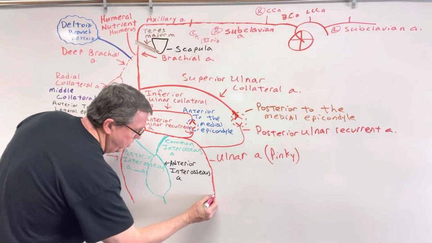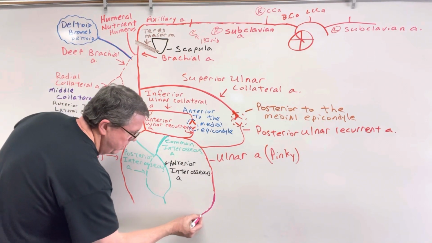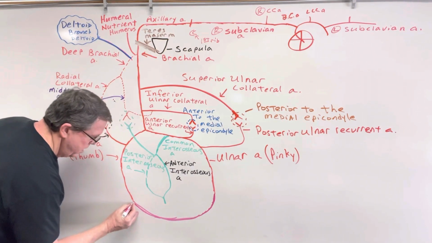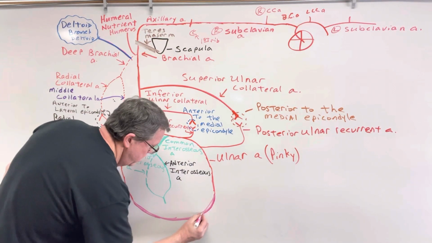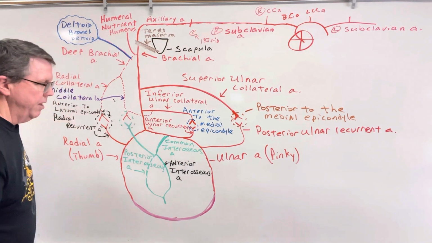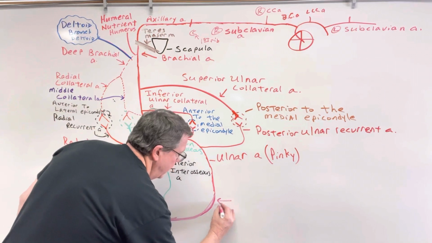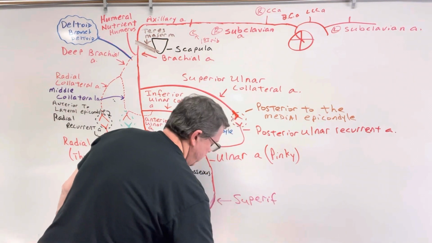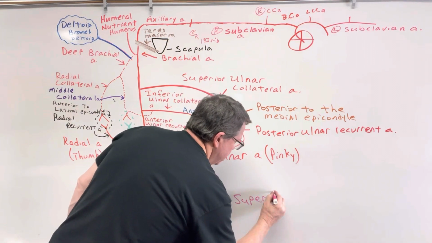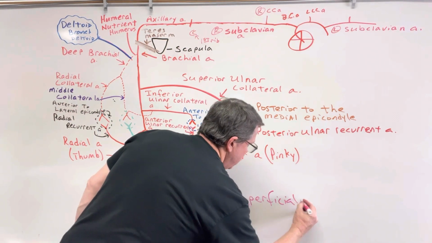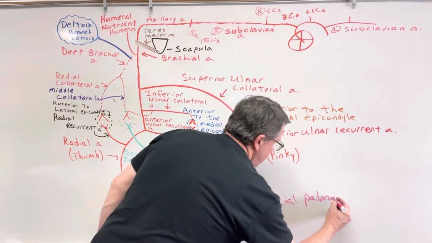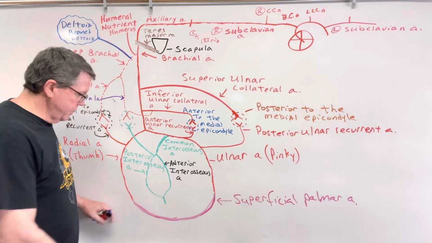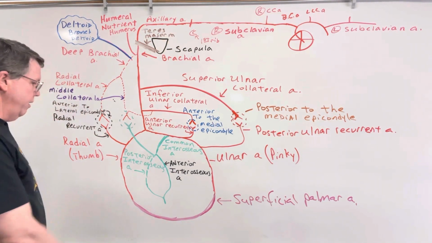Coming off the ulnar artery, you're actually going to have some arteries come together, and they're going to form the superficial palmar artery, which is going to be right there. And if you notice, this is going to come over here, and it's going to anastomose with the radial artery.